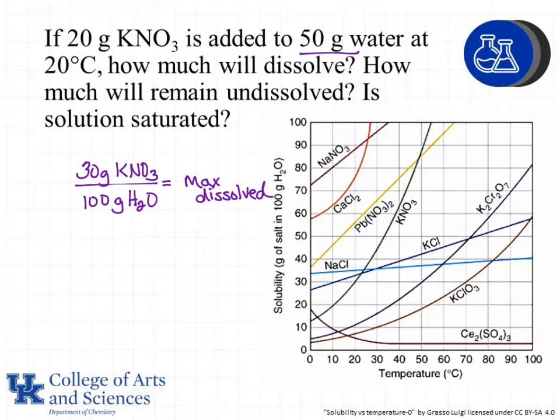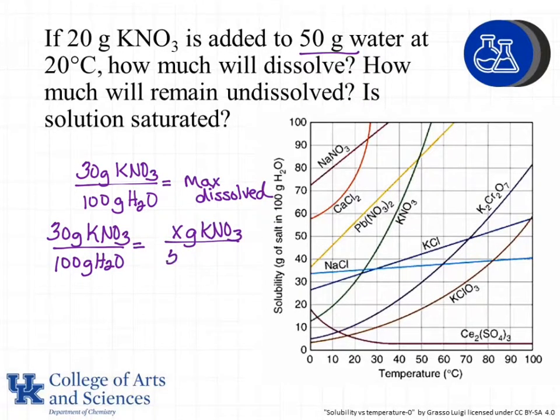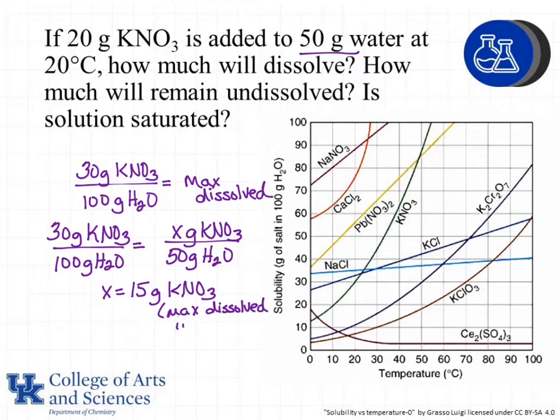We first need to look at the proportion for 30 grams of KNO3 and 100 grams of water and set that up with X grams of KNO3 and 50 grams of water. And when we solve for X, we find 15 grams, and that tells us the maximum amount of KNO3 that can dissolve in 50 grams of water.